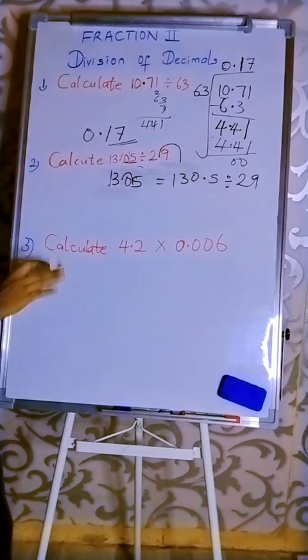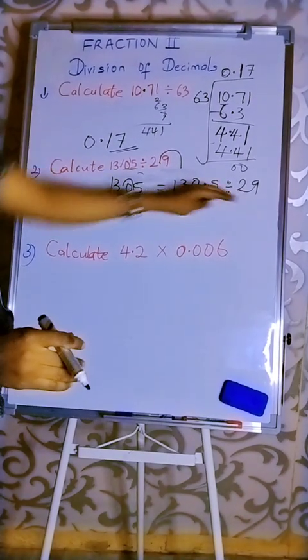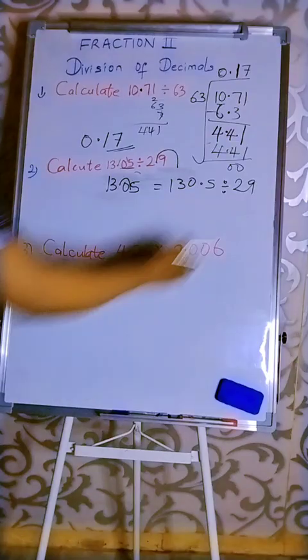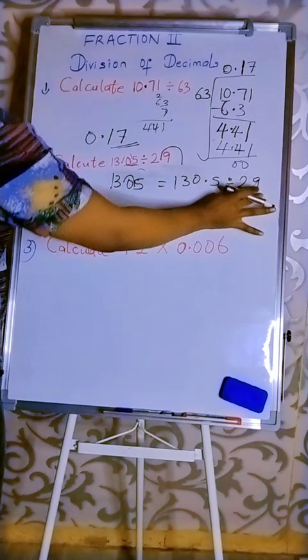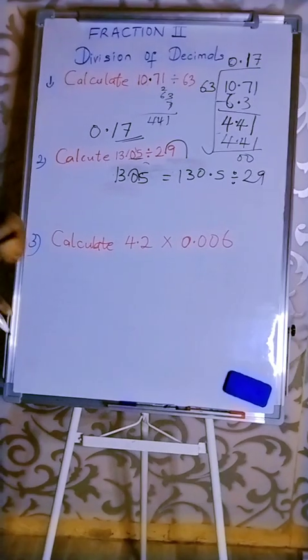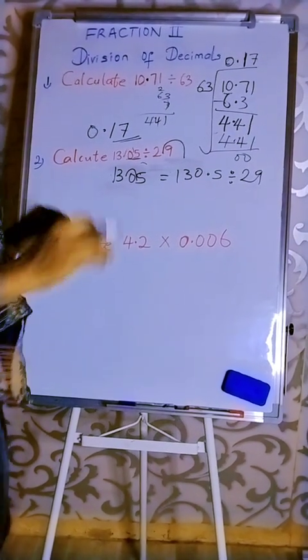Now if you leave your answer this way, it will be easier to solve. When you have this, it now resembles this: one number doesn't have any decimal place, so you can use long division and place your decimal point at the right place.